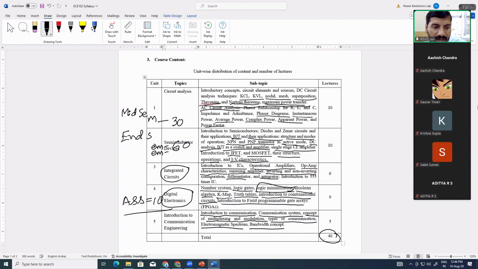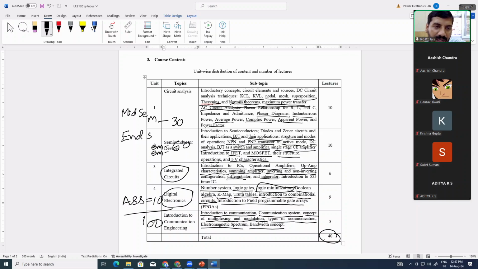So total is 100 marks. Assessment consists of your class tests, assignments, tutorials, and home assignments, homework also. These all constitute internal assessment, and 10 marks are for this.